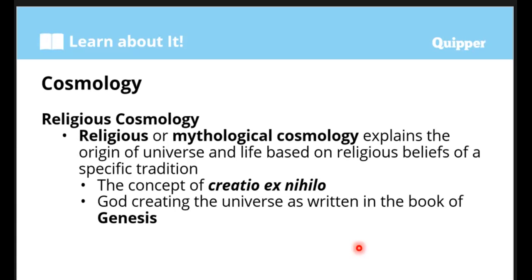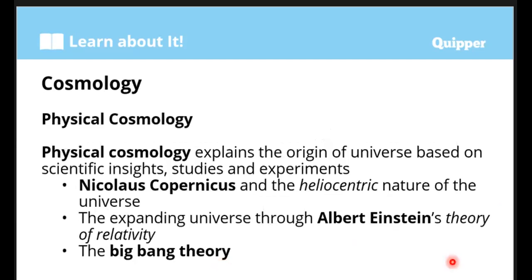According to Catholic faith, the universe was created in 7 days, and that is an example of a religious cosmology. It is the explanation of how the universe was created. That is what we know as religious cosmology, written in the Bible in Genesis.